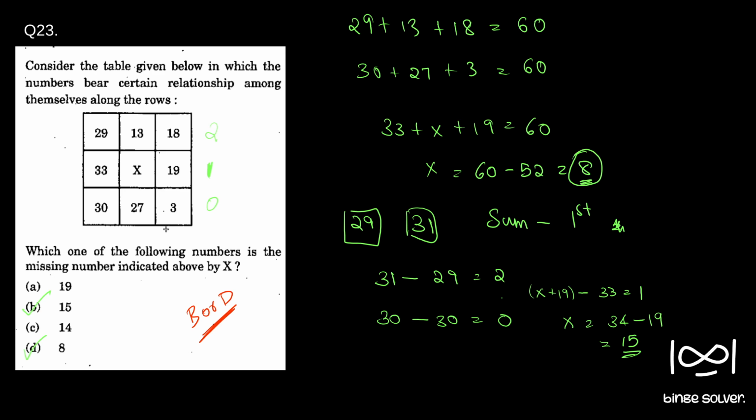And if you use the second logic, adding these two and subtracting this one, you get 2 here and 0 here, so it has to be 1 here. In that logic also we can find the answer, which will give 15. So both B and D are acceptable answers for UPSC. You can choose whichever one you want. That is the solution to question 23.